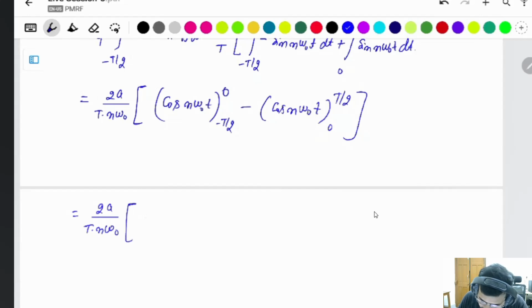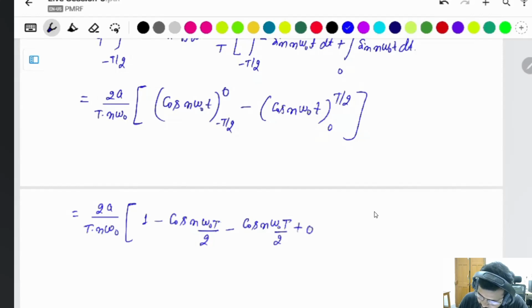Cos 0 value is 1, minus cos of n omega naught t by 2, minus minus will be positive.